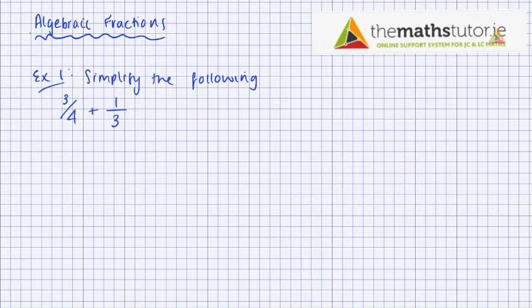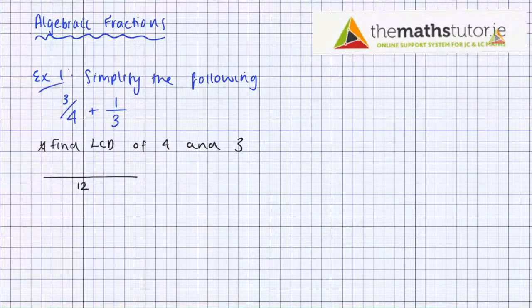Now the way we do this is we're going to find the lowest common denominator of 4 and 3. Okay, so we're going to find the LCD, or the lowest common denominator, of 4 and 3. So what do both 4 and 3 go into? The answer is 12. So I'm going to write it as a single fraction and put 12 on the bottom. 4 into 12 goes 3 times.